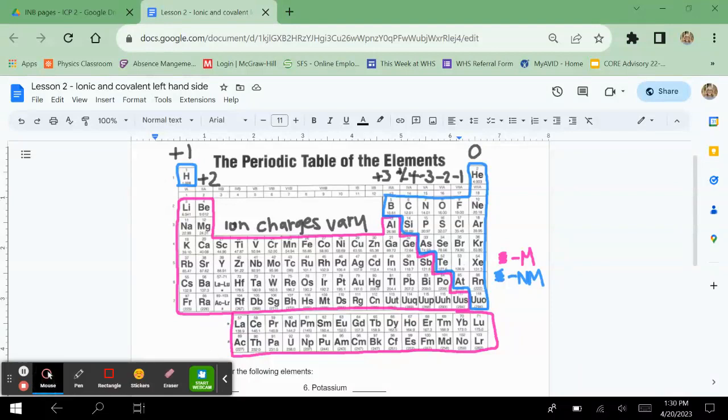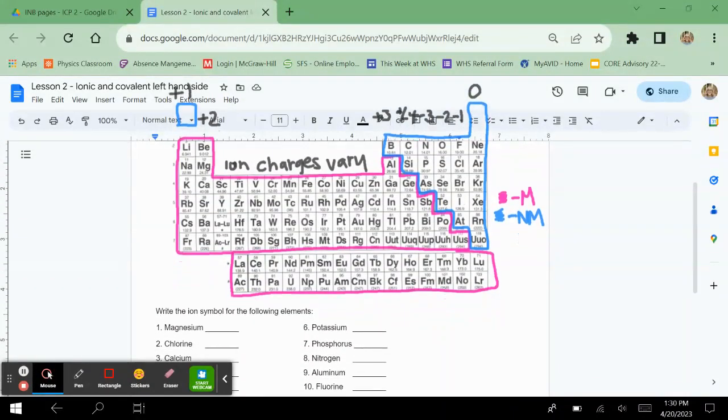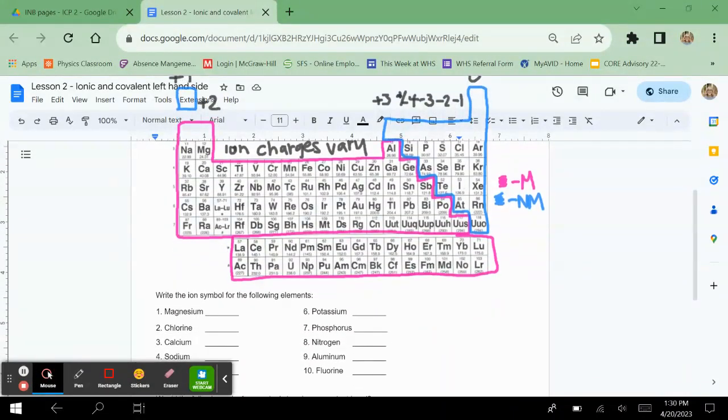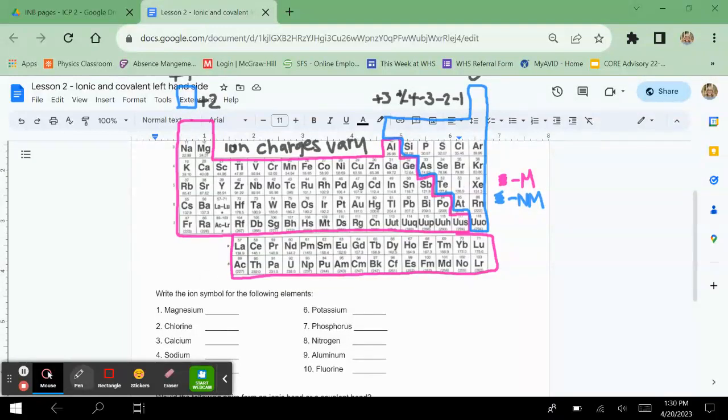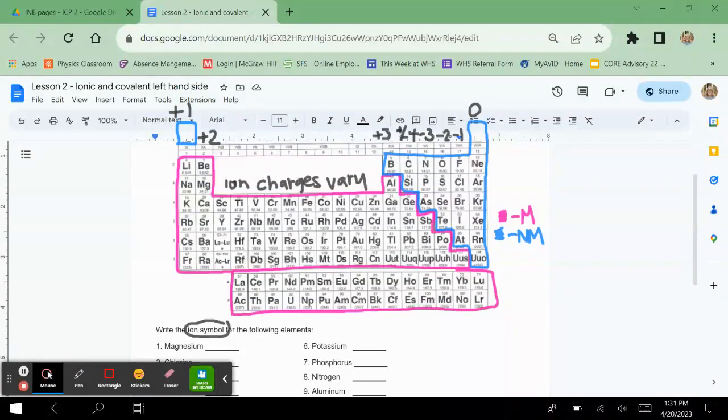Once you finish that, you're able to move down, and you're going to see here that it says to write the ion symbol for the following elements. Okay, so let's take a look. We will look at potassium and phosphorus, numbers 6 and 7. We're going to do those two together. I'm going to find potassium on my periodic table.